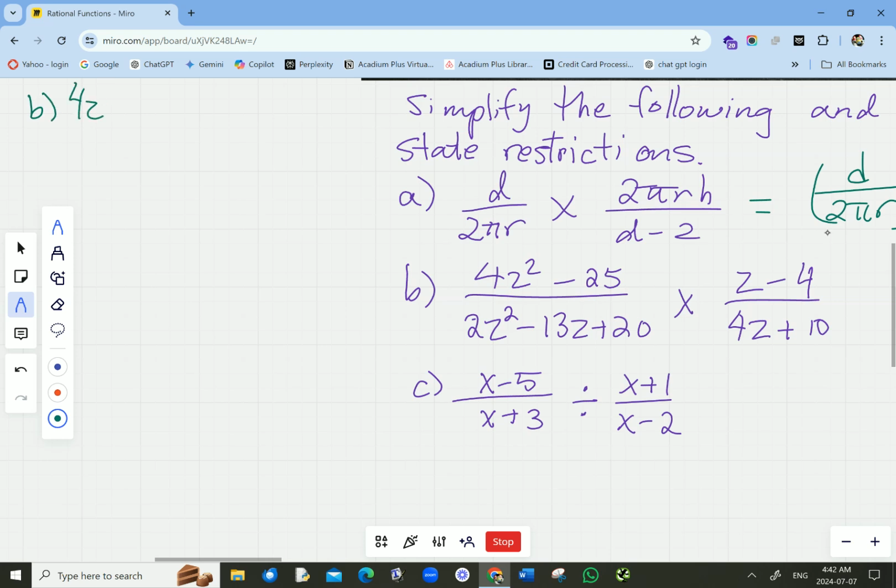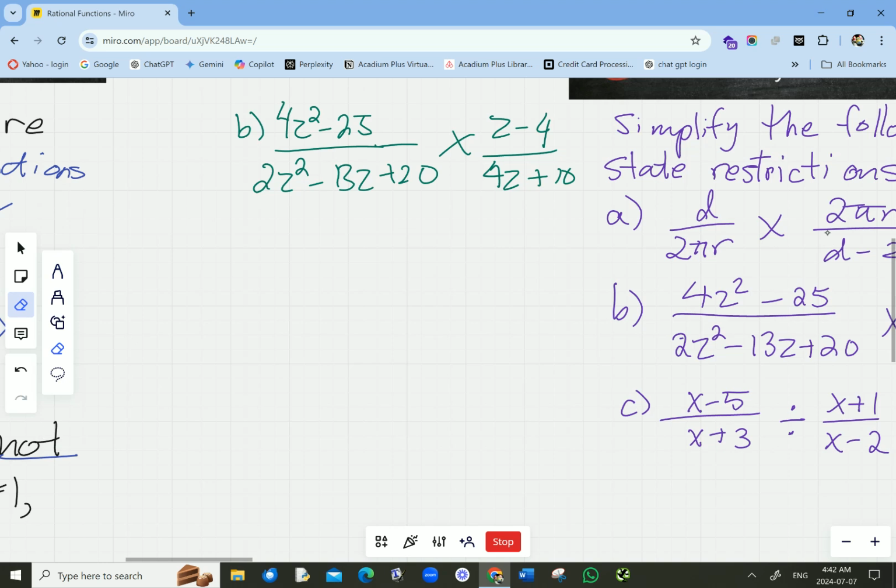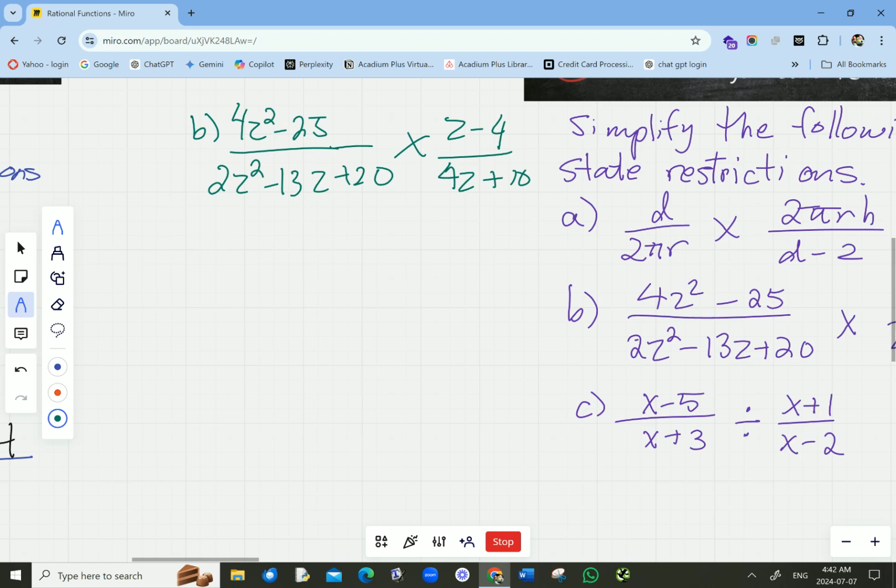So our variable is z, and we only have one variable, and it looks like we're going to have to factor times z minus 4 over 4z plus 10. All right. Okay. Well, that's kind of messy.